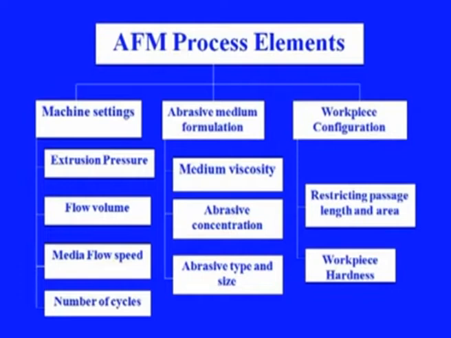The other one is abrasive medium based parameters, which we can control through abrasive medium formulation, and the other one is workpiece related. In machine based parameters, extrusion pressure, flow volume, media flow speed, and number of cycles are some of the parameters which we can set during machining.